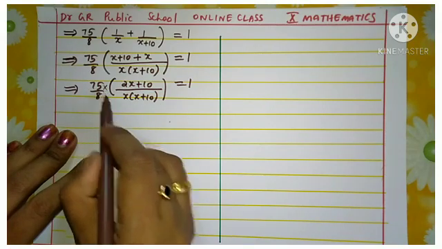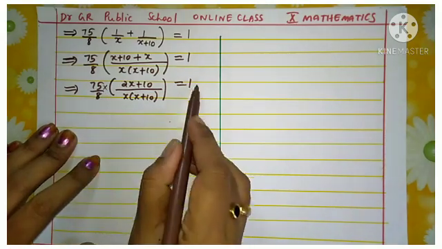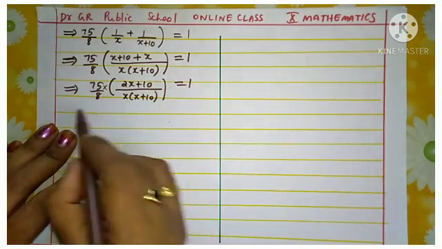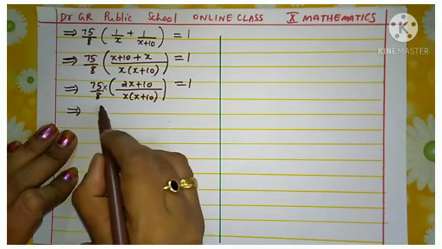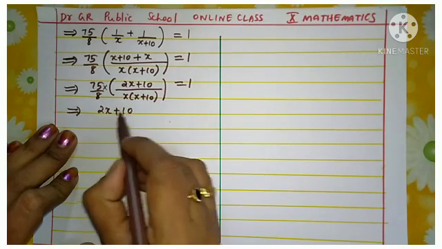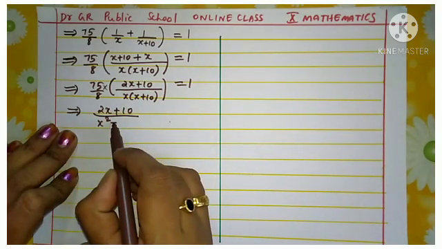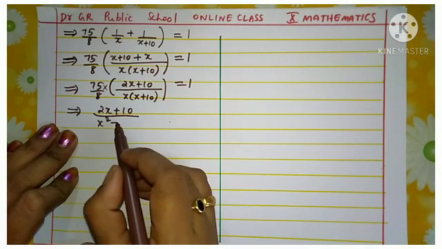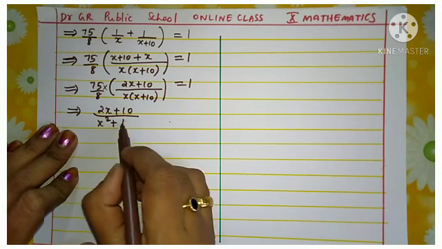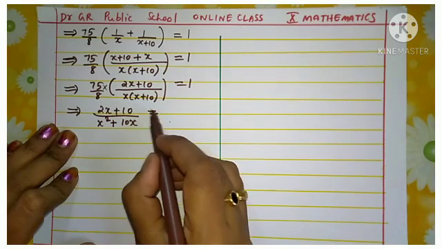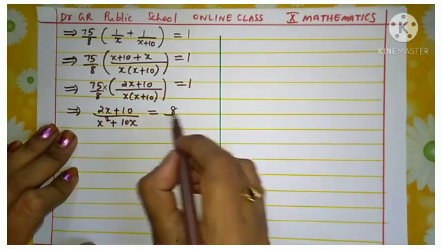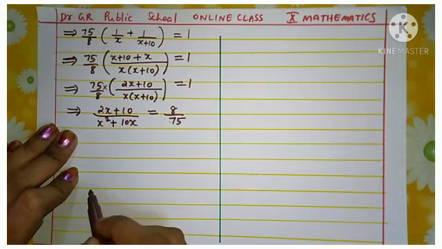Now you see 75 by 8 into, okay. So here is multiplication, take this term to the RHS. So it becomes the reciprocal. So this implies 2x plus 10 by x square plus 10x equal to, this goes there, 8 by 75. Understood?